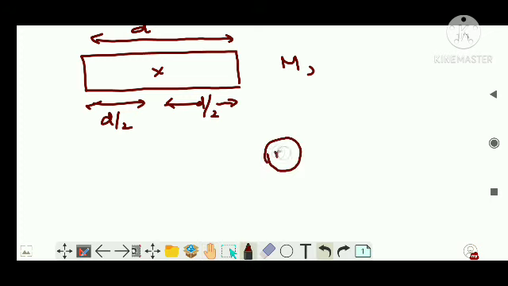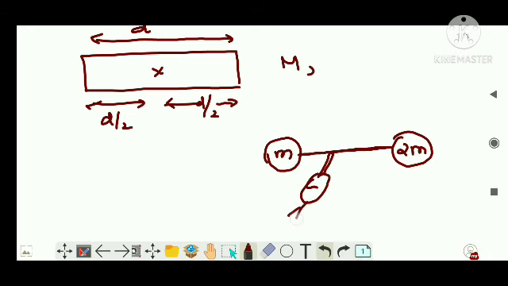Now I'm going to change the question. Suppose there is a mass m here, and a double mass 2m here, and they are connected like this. Where will the center of mass be? Again, keep your finger like this. When you keep the finger here, this will be falling down. Then again, you keep your finger here. Practically you would have seen that when you keep the finger close to 2m, both of the sides are balanced.